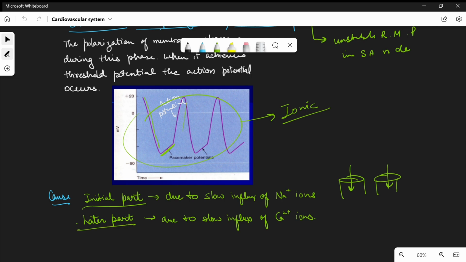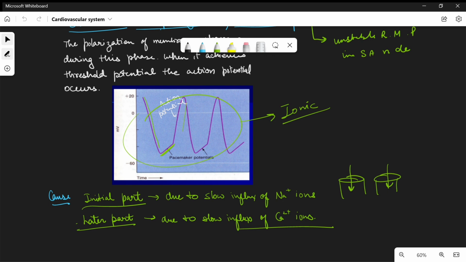The later part is due to the influx of calcium ions through calcium channels. To recap everything, resting membrane potential is not stable in the SA node. To start with, sodium ions leak into the pacemaker fibers and cause slow depolarization. This slow depolarization forms the initial part of the pacemaker potential.